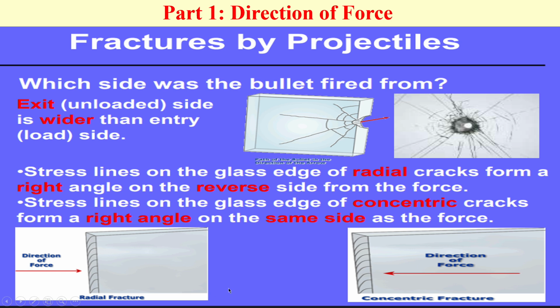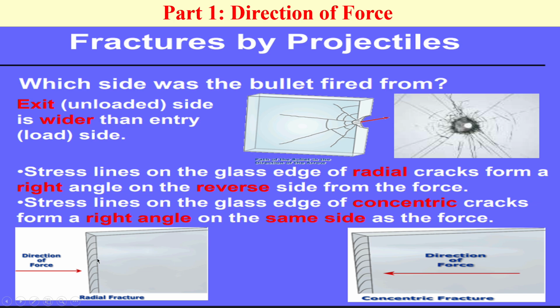Like this, this is a perpendicular. If we select the radial fracture, this is a perpendicular, and the applied force is in the opposite direction, in this direction. Suppose this is a piece and this is the edge, and such types of cracks are observed in case of the radial fracture.